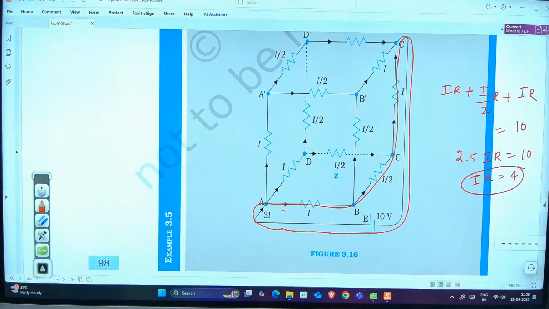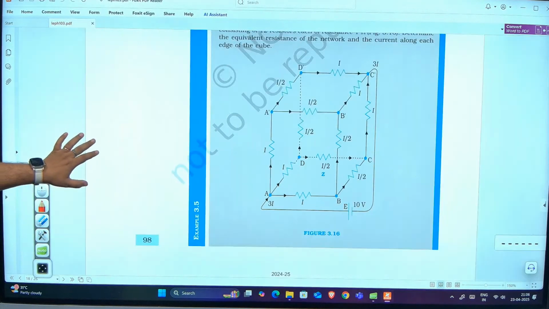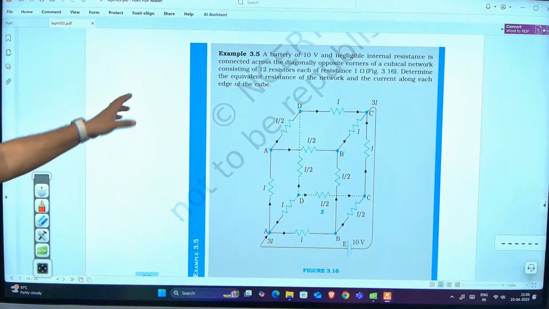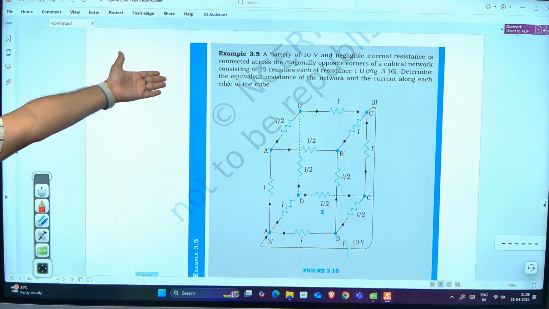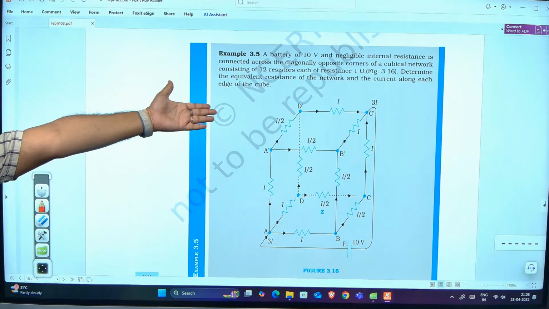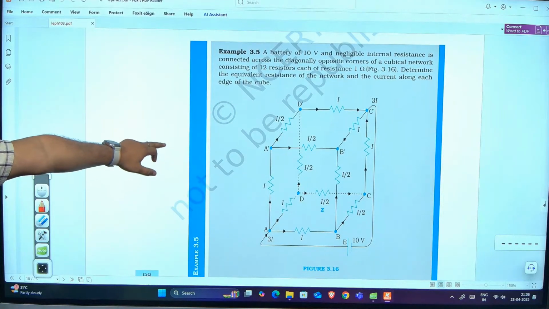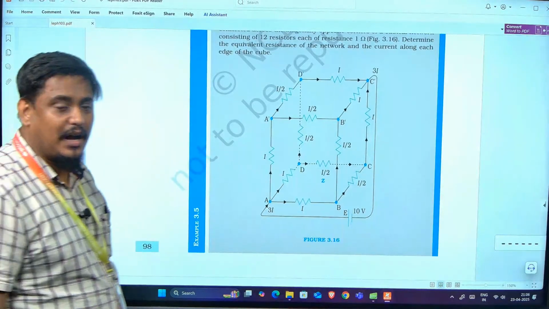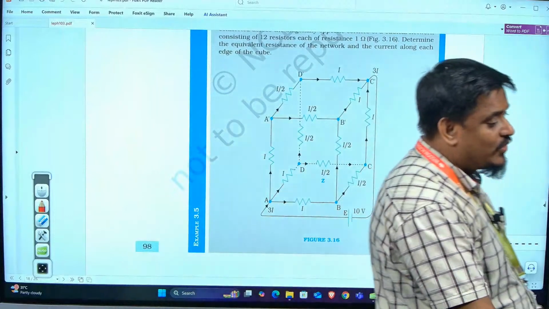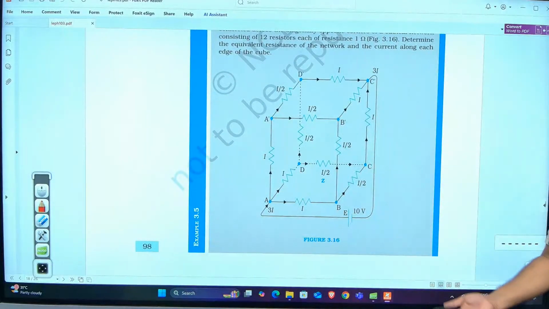Anybody has doubt in this? How IR became 4, anybody has doubt in this? No, right? Everybody understands this? Very basic thing. If IR has become 4, let me read the question once again. Yes, they have given the value of resistance as 1 ohm. I hope you are understanding my question.